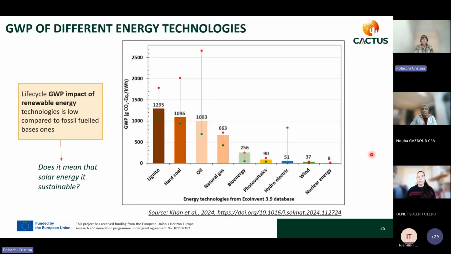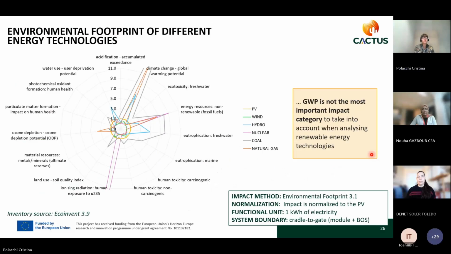So does it mean that solar energy is sustainable? Well, as we stated before, the global warming potential is not the only impact category to take into account when dealing with solar technologies, and not the most important.